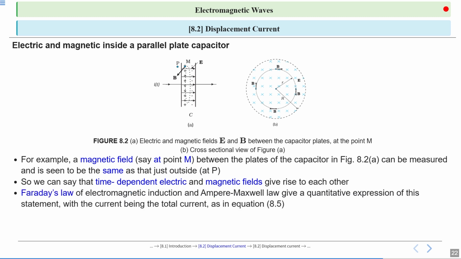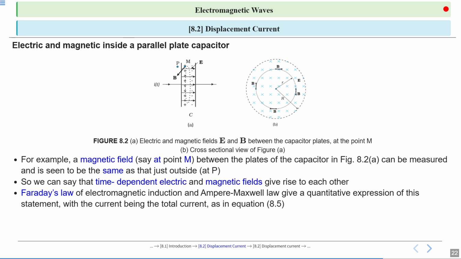Faraday's law of electromagnetic induction and the Ampere-Maxwell law give a quantitative expression of this statement, with the current being the total current as in equation 8.5. We have discussed in equation 8.5 what the total current is: the sum of conduction and displacement current.